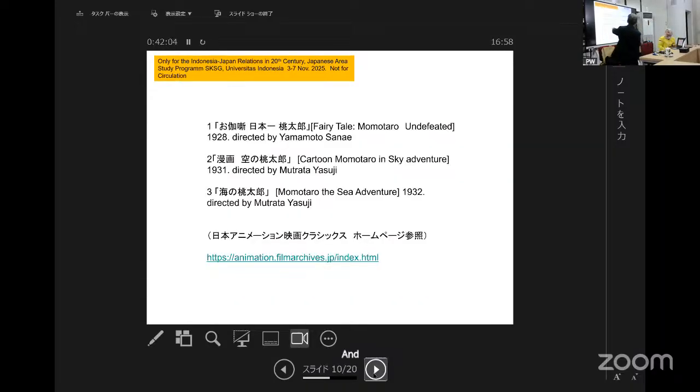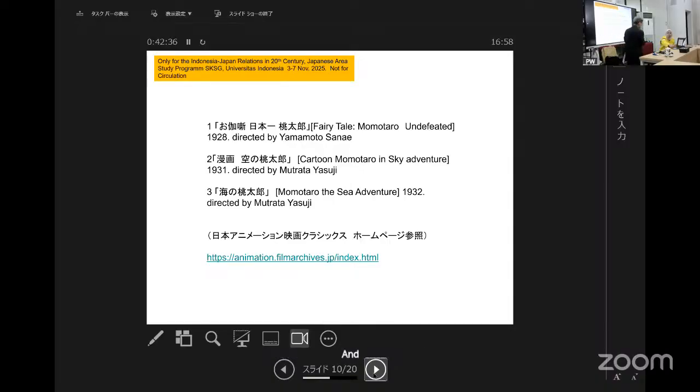And I have just introduced this, the original and just changed. And the modernization process is indicated by these cartoons.